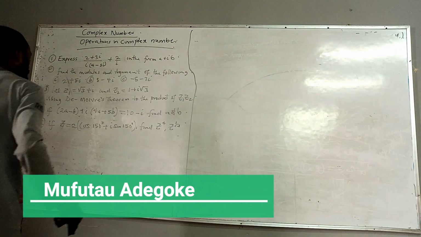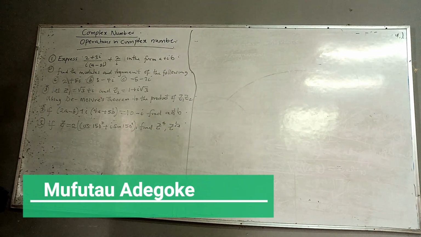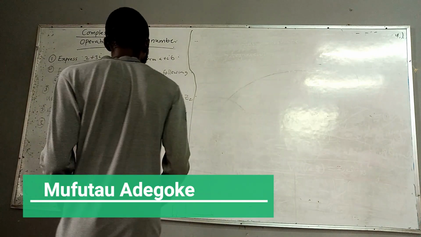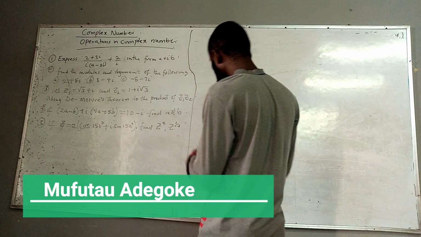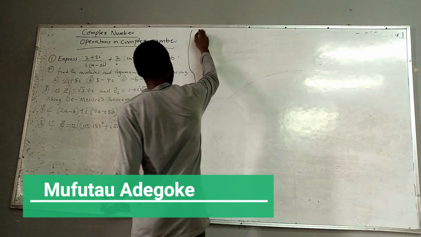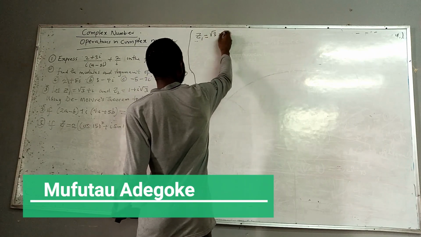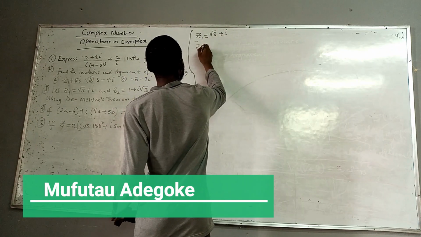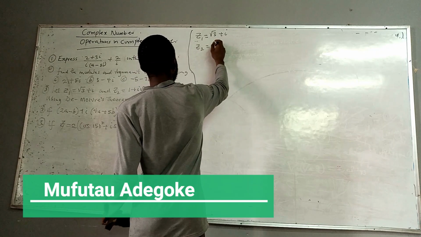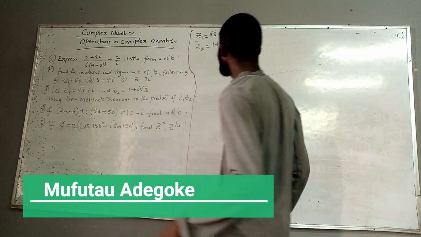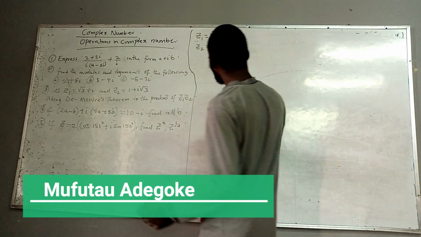Question 3 says we are given z1 and z2, and they ask us to use the modulus theorem to find the product. I've also solved something like this before. If my z1 is equal to root 3 plus i, and my z2 is equal to 1 plus i root 3. What is the modulus theorem? You need r and theta.